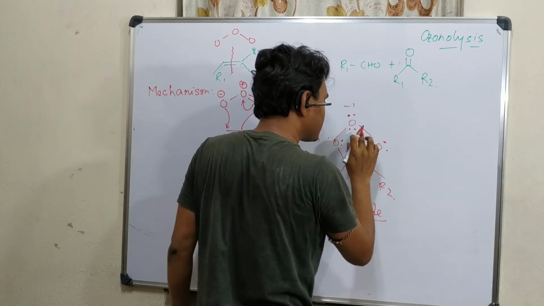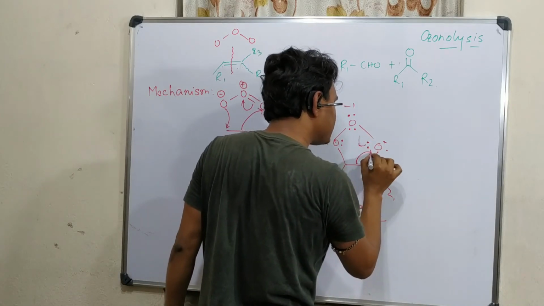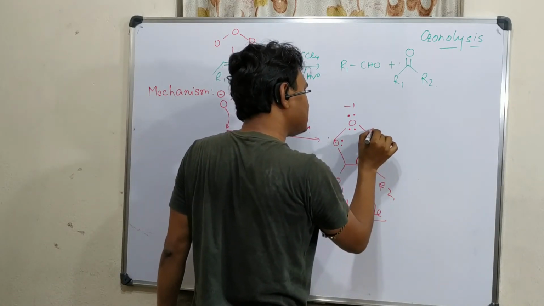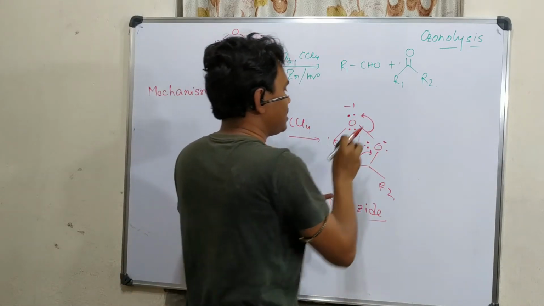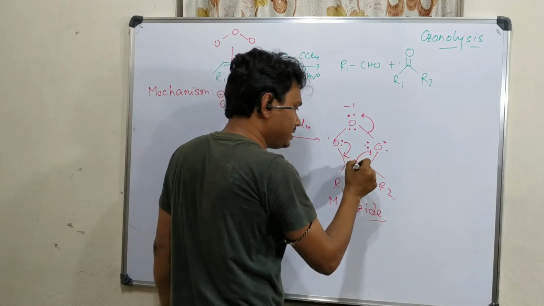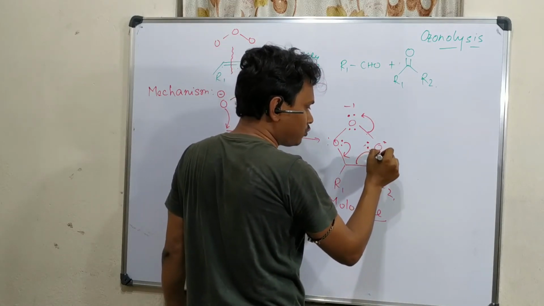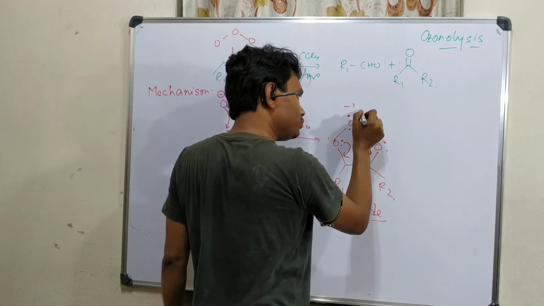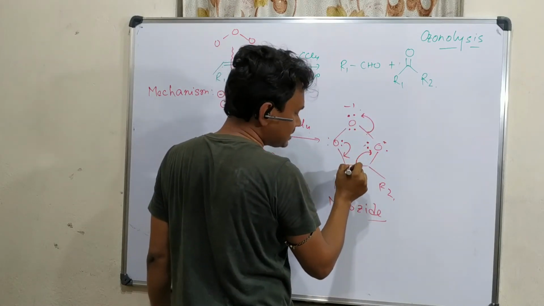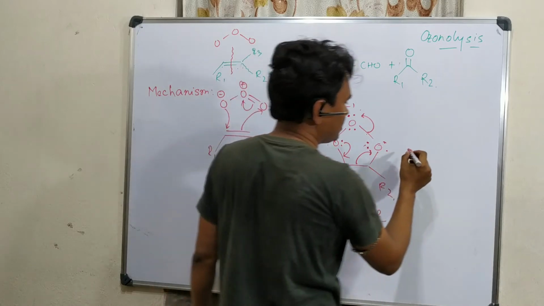This bond comes here, this here, and this here. Again, I am telling you, this bond will break and it will form a double bond. Similarly, this bond will be eliminated, so it will be a minus. Another thing: since a plus charge is generated here, this will be stabilized.